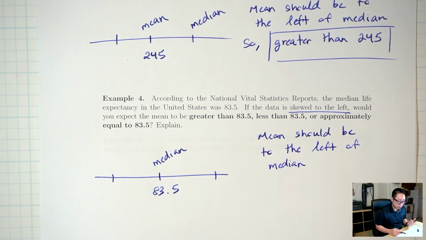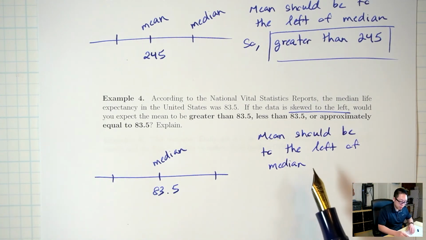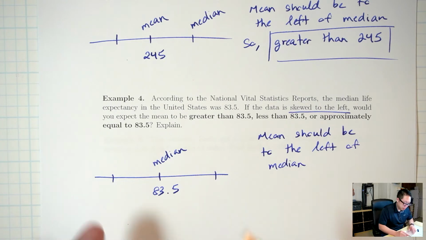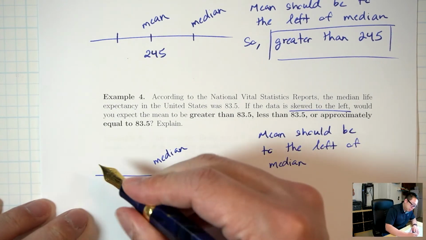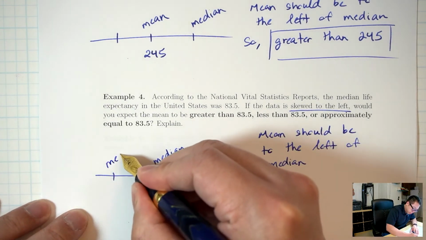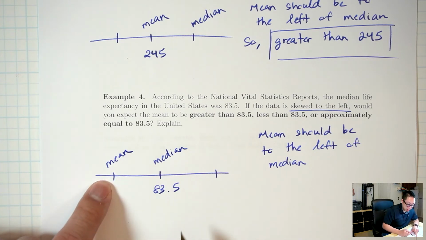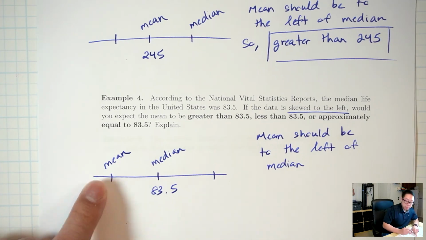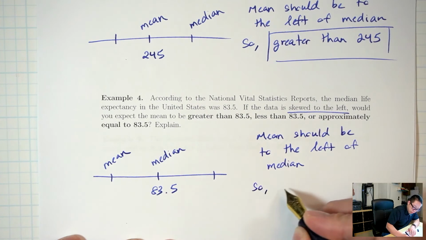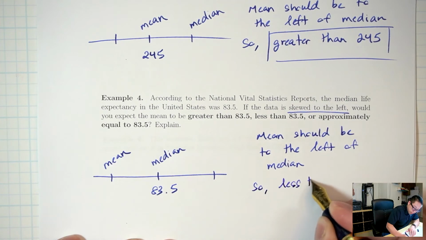So where should you put the mean so that it is to the left of the median? I think you'll put it right here. Okay, so mean is to the left of the median, like I want. And then what does this mean? This means that the mean is less than 83.5.